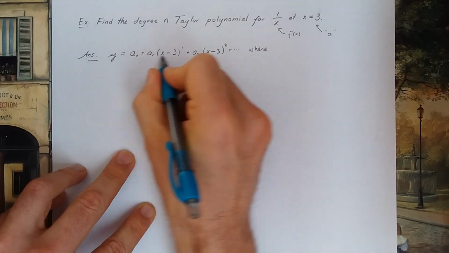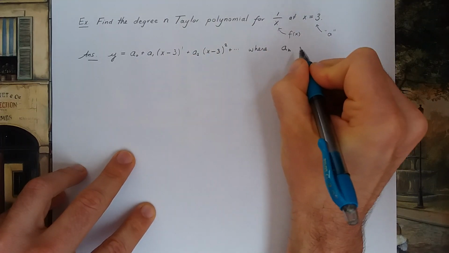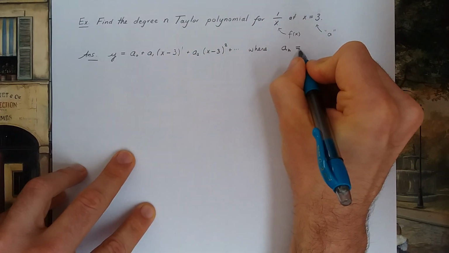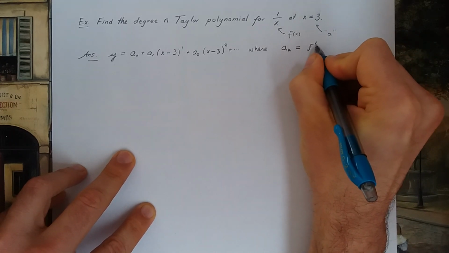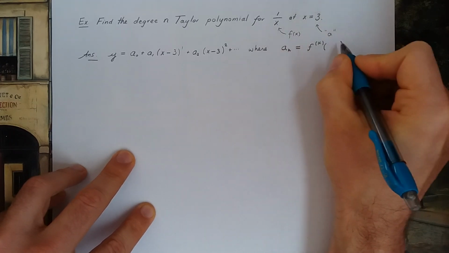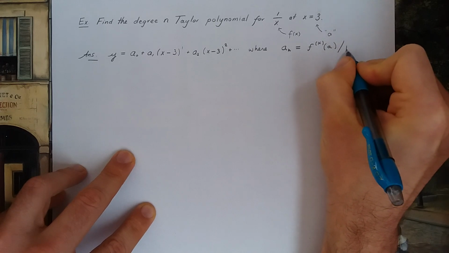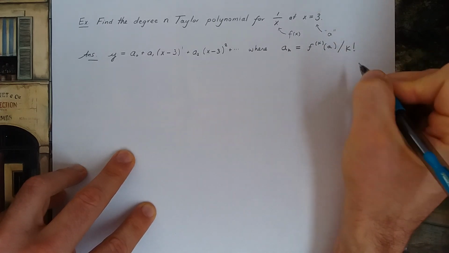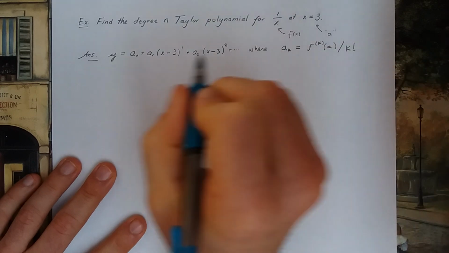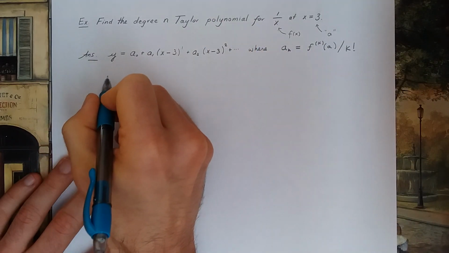And I have a formula for the kth coefficient. The kth coefficient is found by taking k derivatives of your function, plugging in a, and dividing by k factorial. So what does this look like for our example?